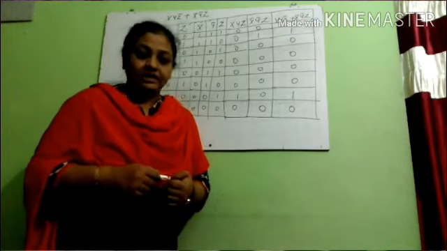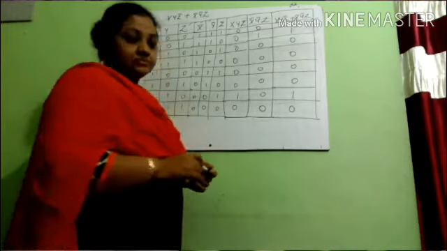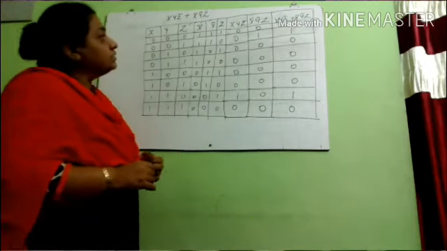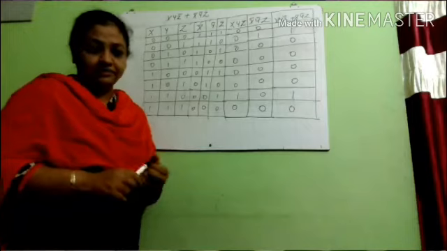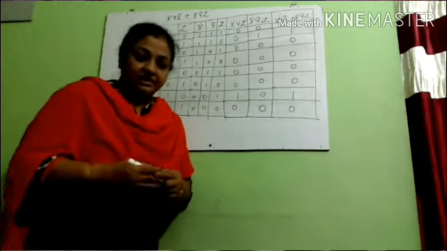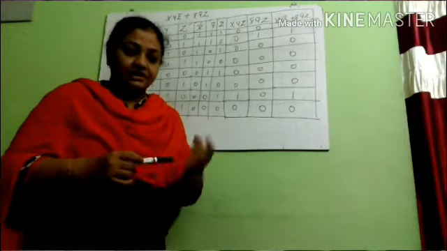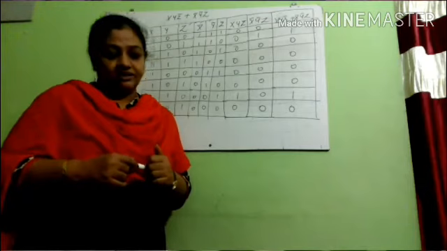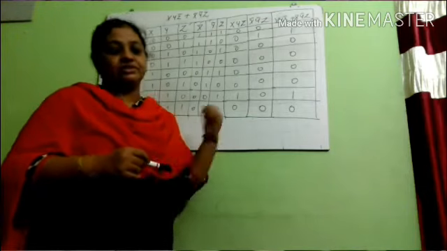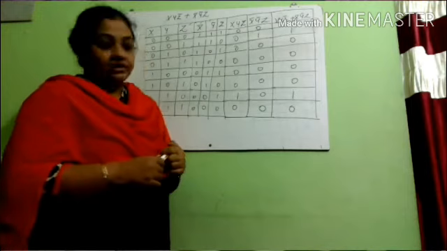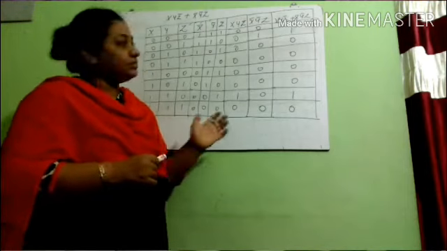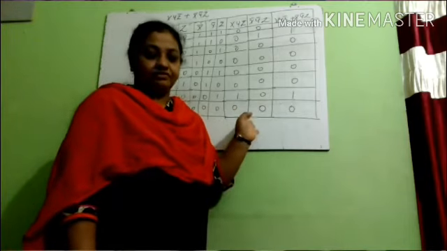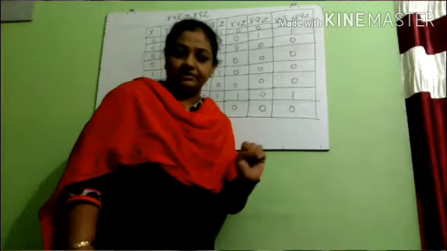Then we take the next expression, that is X bar, Y bar, Z. So X bar is here, Y bar is here, and Z. We need to AND these three columns. 0, 1, 1 is 0. 1, 1, 1 is 1. 0, 1, 0 is 0. 1, 1, 0 is 0. 0, 0, 1 is again 0. 1, 0, 0 is 0. 0, 0, 1 is 0. 1, 0, 0 is 0.